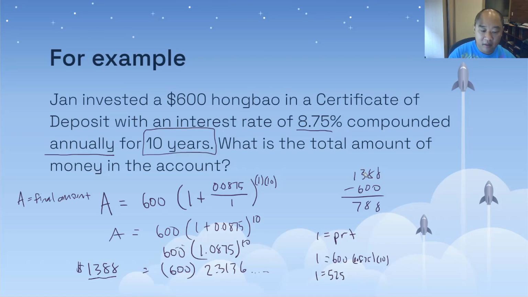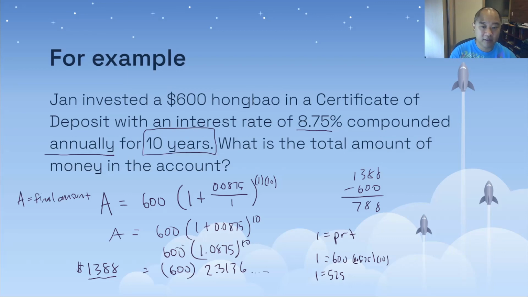So look, 788 minus 525: he made an additional $263, which is almost 50% more than this, right? Yeah, very close, it's just about 50%. He made 50% more putting it into a compounding interest account rather than a simple interest account.